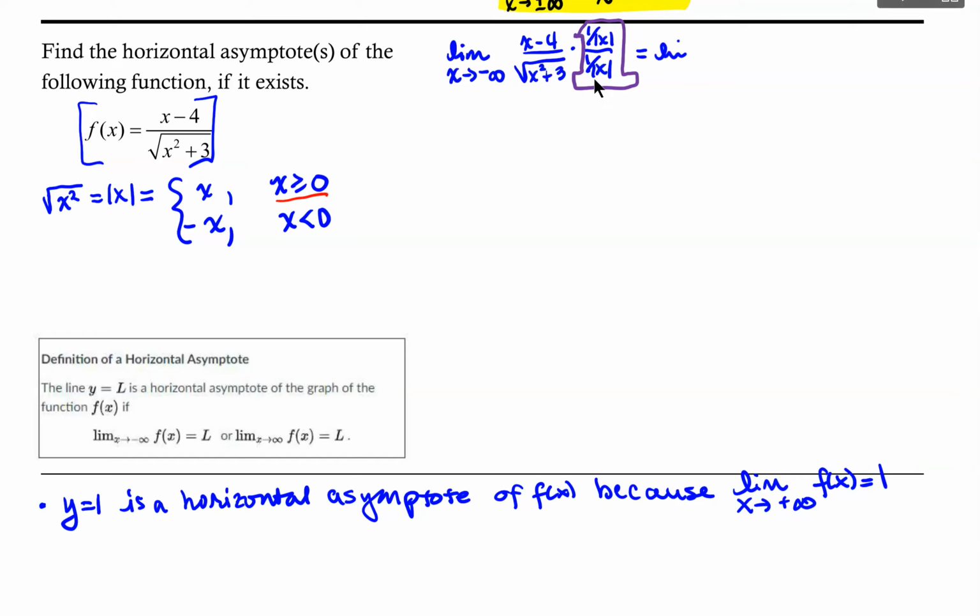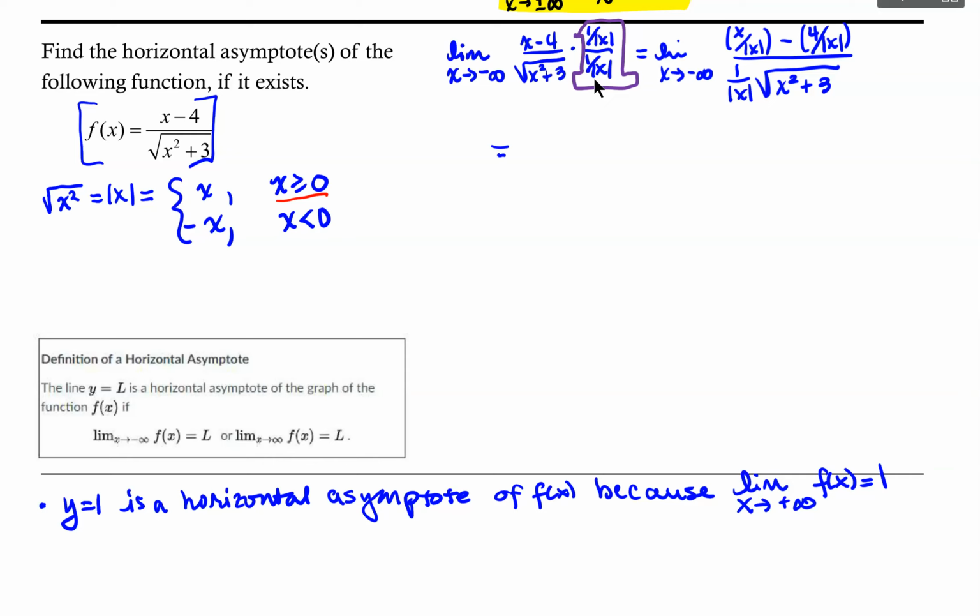So we'll have x over absolute value of x minus 4 over absolute value of x, divided by 1 over absolute value of x times the square root of x squared plus 3. I'm not going to go through the process of bringing the 1 over absolute value of x into the square root again. It's identical to what we did before.